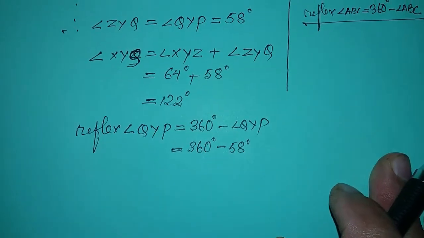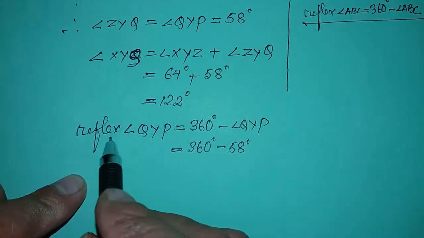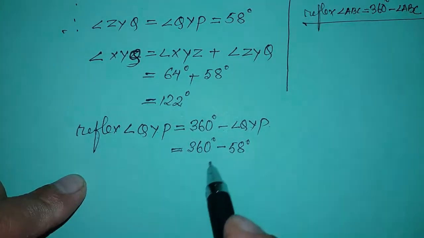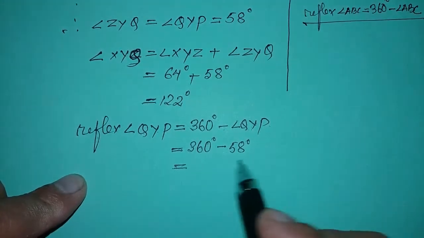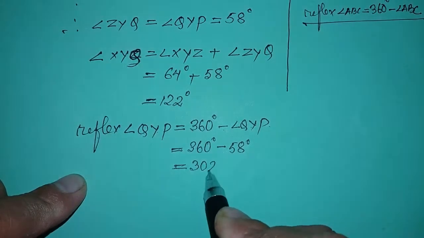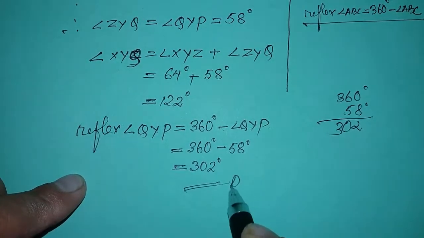So now here, this reflex angle QYP is 360 degree minus angle QYP. So 360 degree minus 58 is 302 degree. So this is our answer.